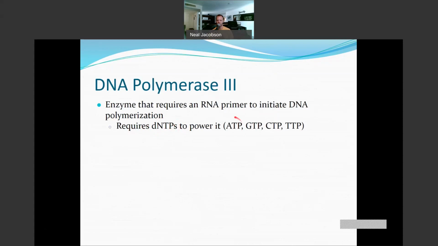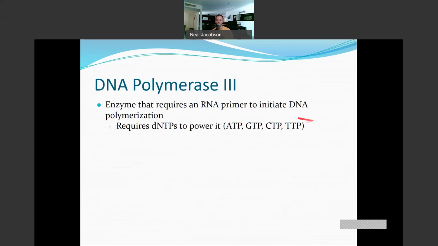So you're going to have ATP. Look at that. So you're going to have deoxyribose adenosine triphosphate, deoxyribose guanine triphosphate, deoxyribose cytosine triphosphate, and deoxyribose thymine triphosphate. And that's what those are.